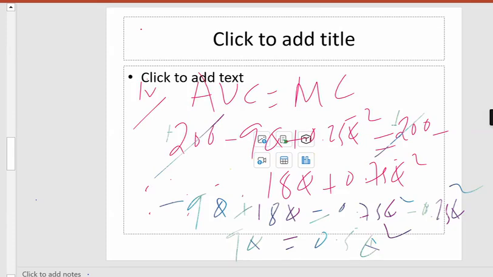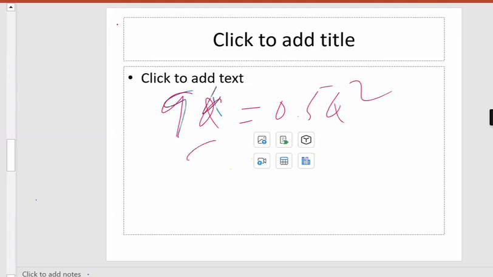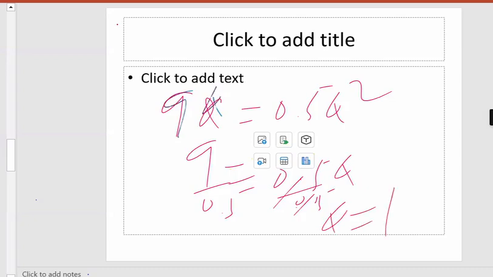Here we get 9Q is equal to 0.5Q square, so 9 is equal to 0.5Q. Divide by 0.5 both sides. Q is how much? 18.